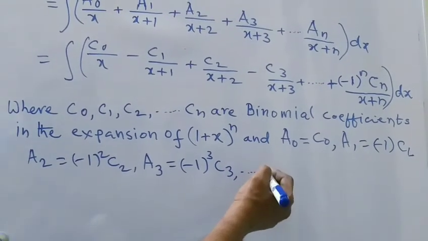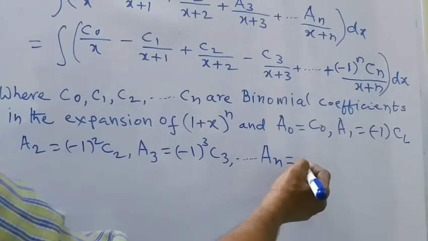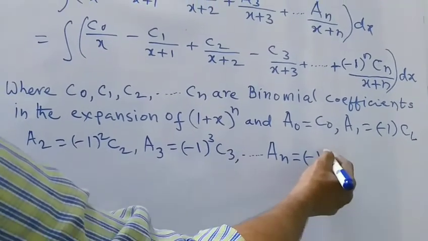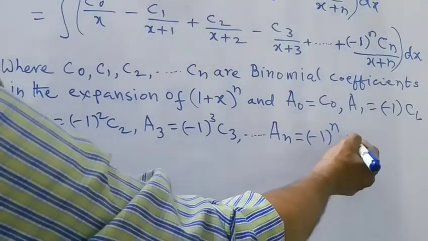An is equal to minus 1 whole to the power of n into Cn.